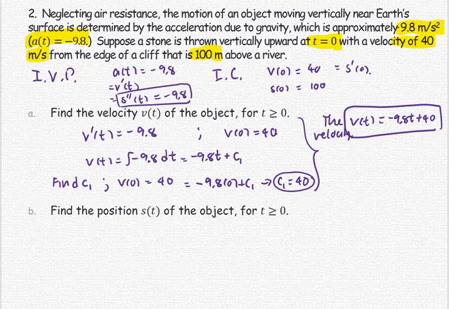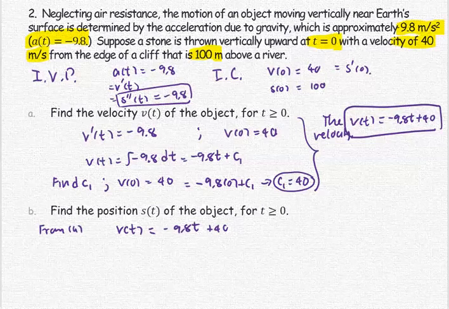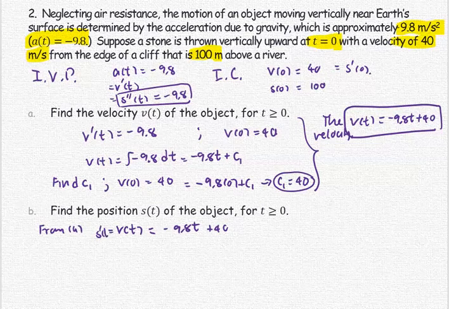Next, we're going to find the position function s(t) of the object for t greater than or equal to 0. From part A, we get the velocity function v(t) equals negative 9.8 t plus 40, and v(t) is s prime at t.